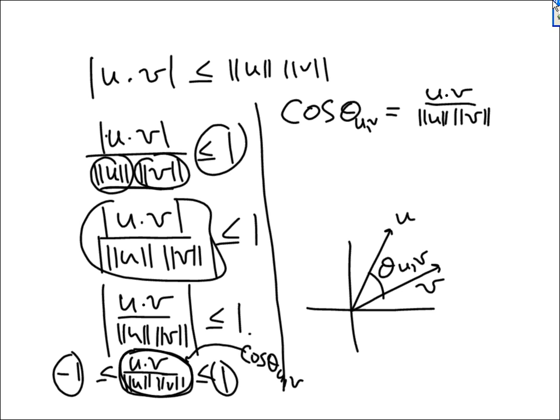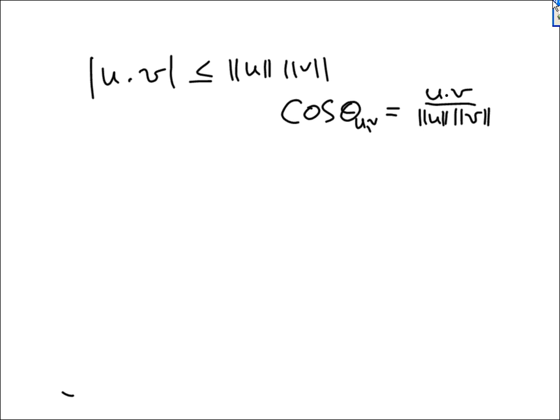So now, and this is for any dimension, R2, R3, doesn't matter, the cosine of the angle between any two vectors is the dot product of the two vectors divided by the product of the lengths of the two vectors. Okay.